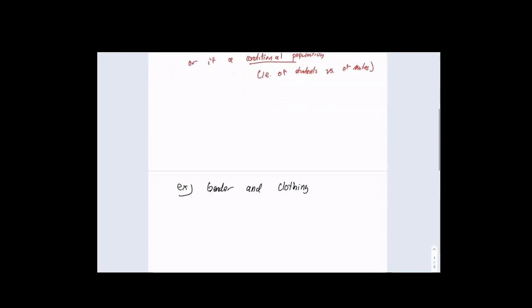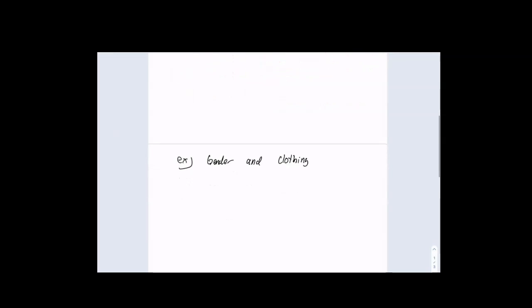So I did a survey for my students last year, and I asked them about gender, and the options here were male or female, and I asked them about their clothing specifically, were they wearing a jacket, sweater, or a shirt? And they had to choose one of them. All right, so they had to state that they were wearing a shirt, a sweater, or a jacket, and for some people we were like, well, it's not a jacket or sweater or a shirt, and we were like, well, we'll define that as one of them.